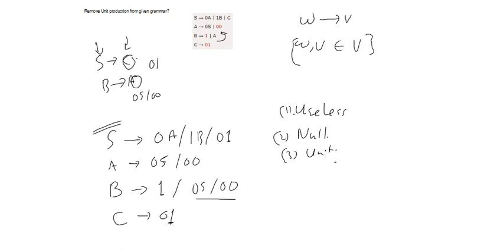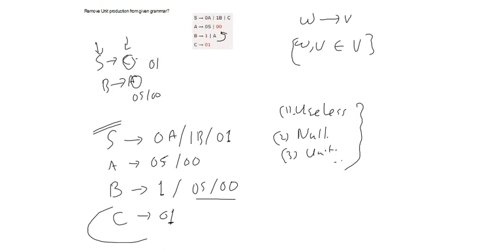If the grammar is free from all three things, useless symbols, null productions, and unit productions, then we say it is a simplified grammar. In this example, the resultant grammar has one useless symbol, C. You can see the non-terminal C is not obtainable from the starting symbol S, so C is a useless symbol. If we are moving forward with simplification, we should remove this also.